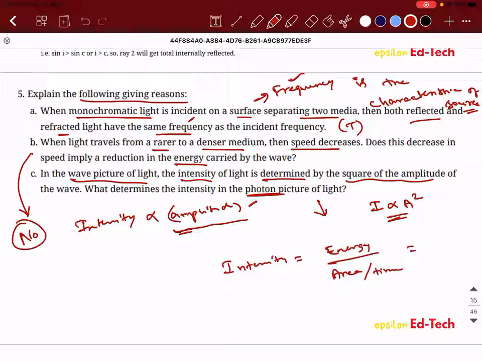So energy is going to be h into nu, that is the energy of each photon, divided by the area into time. So this is how you define energy in terms of photon theory of light. So h nu is the energy of one photon. If there are n number of photons, you write n into h nu divided by area into time.